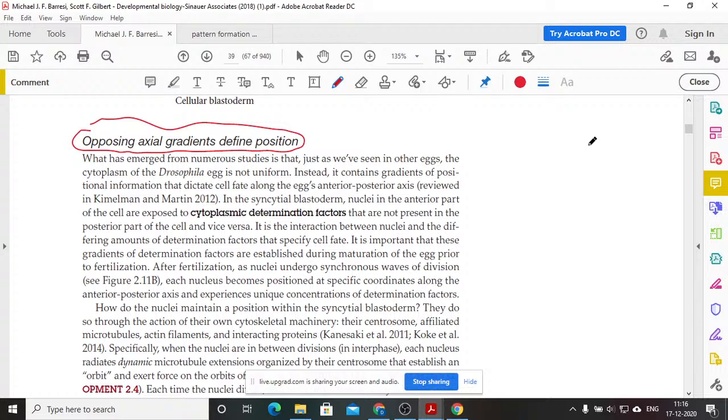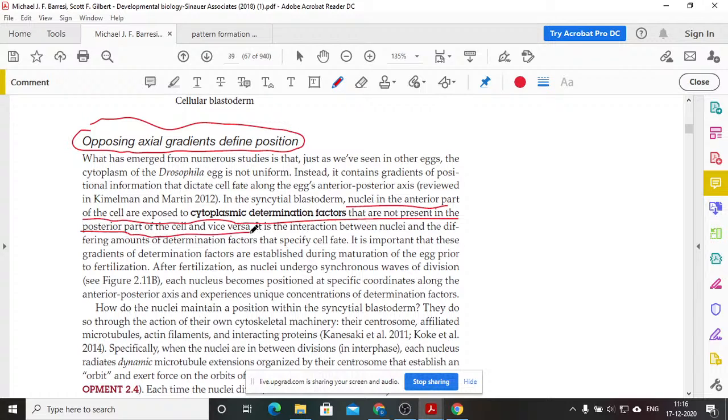In the syncytial blastoderm, nuclei in the anterior part of the cell are exposed to cytoplasmic determination factors that are not present in the posterior part of the cell and vice versa.